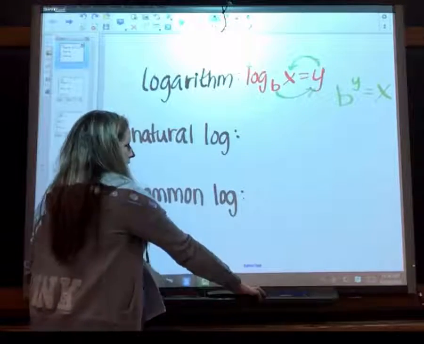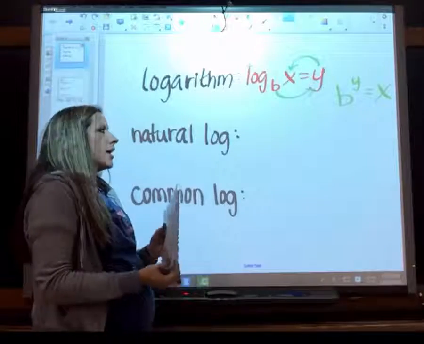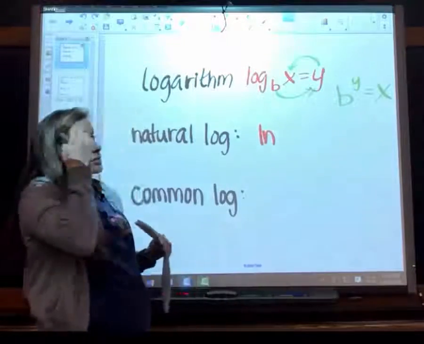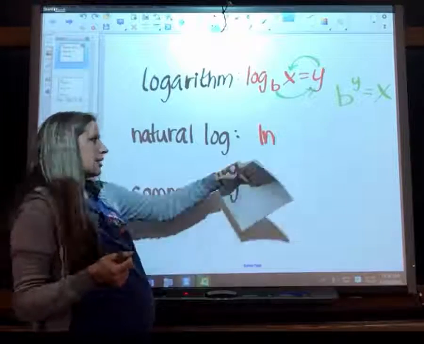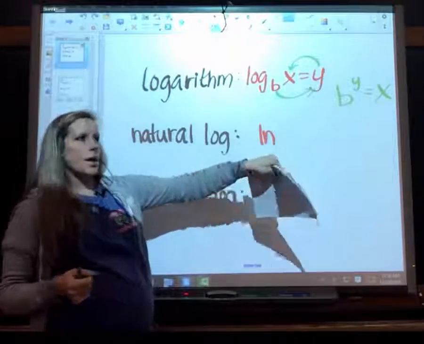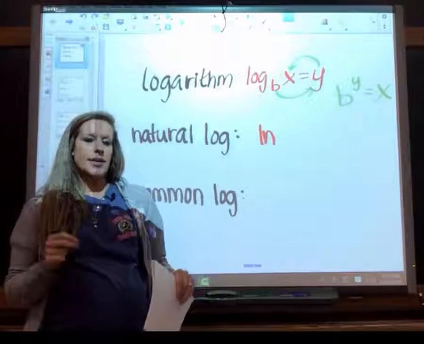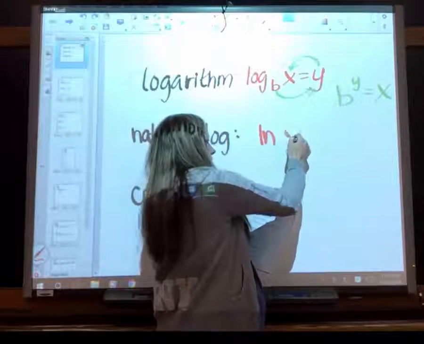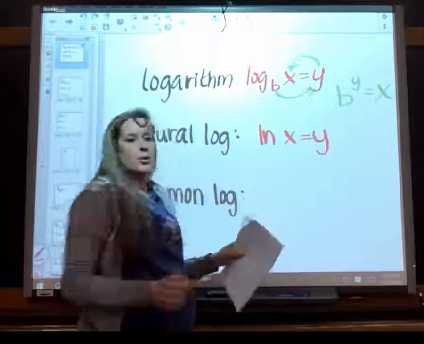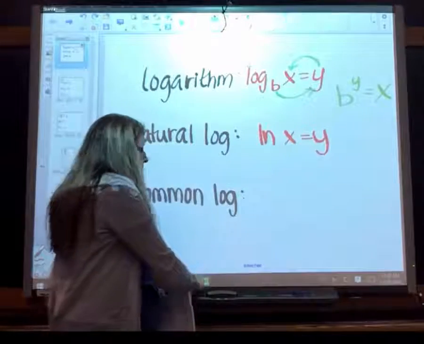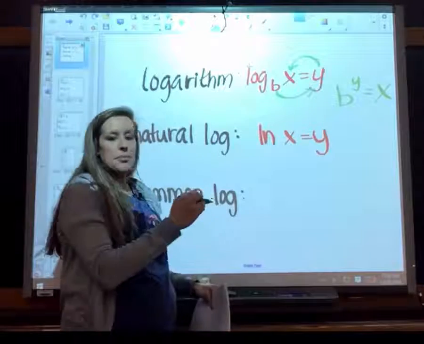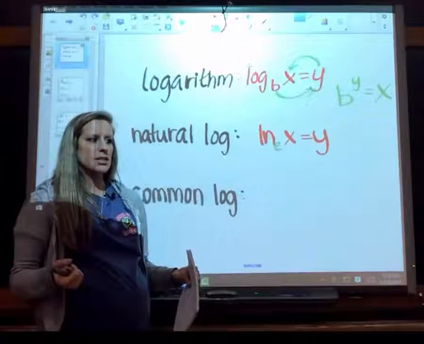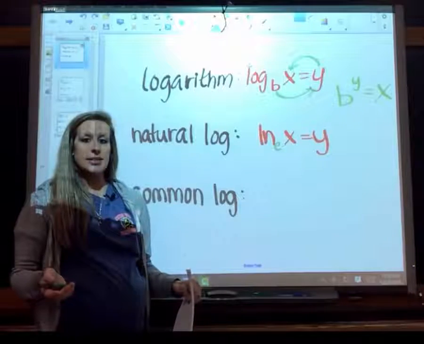Okay, the next one is a natural log. Natural log is ln. It's on your calculator too, ln. Now, a natural log has a base of e. So let's see, natural log of x equals y. If we want to change this to exponential form, there's an automatic base of e that it's not showing you. It's kind of like a sneaky 1 in front of an x.